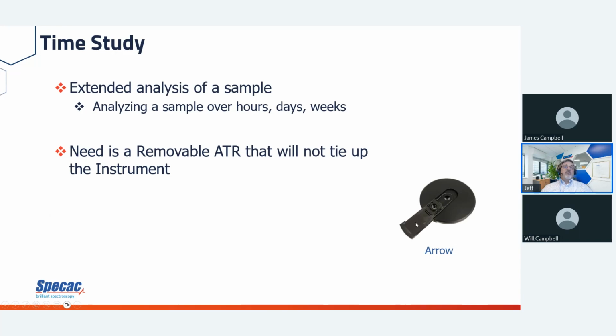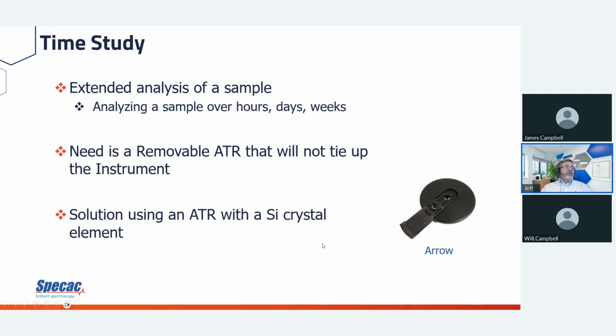The nice thing about it is they're disposable. They're not that expensive compared to a diamond ATR. And you could take these and set up a series of samples. Like if you're going to do adhesives, which I'm going to show you an example of here, over a period of time that you cannot tie up the accessory or the instrument for.